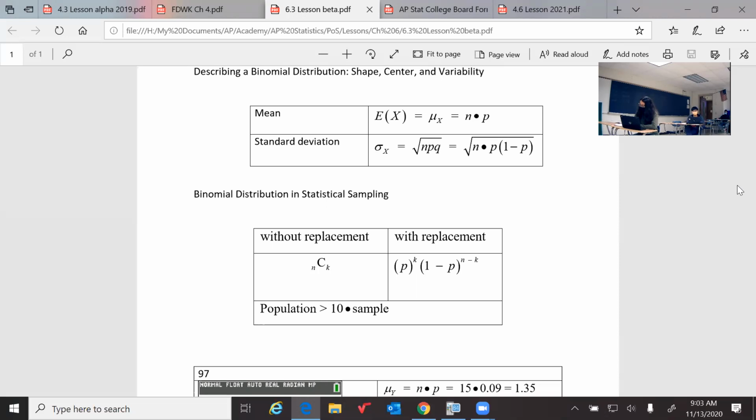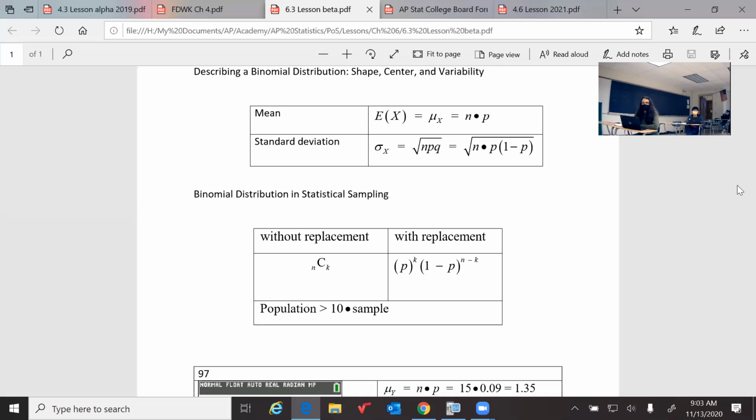But here's what this means. If we're doing a binomial distribution of some real-world data, the population has to be greater than 10 times the sample size, because in real-world data, we're doing it without replacement.